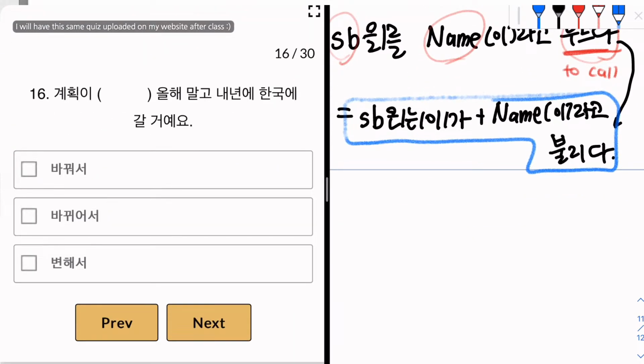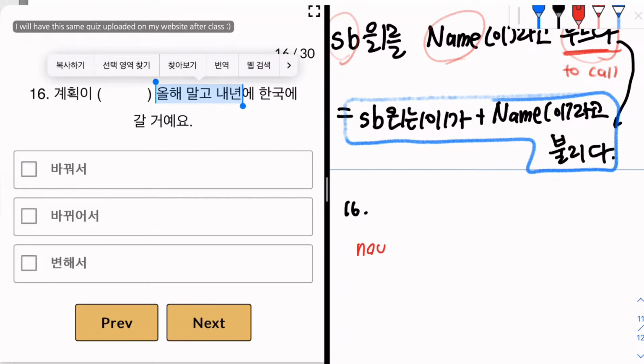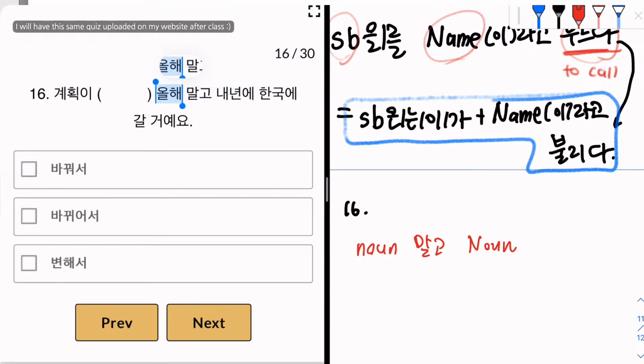And next one, number 16. 계획이, 계획 means a plan, right? So plan이 blank, 올해 말고 내년에 한국에 갈 거예요. If you say first noun 말고 next noun, it means not the first noun, but the next noun. So 올해 말고 내년 means not this year, but next year. 한국에 갈 거예요.